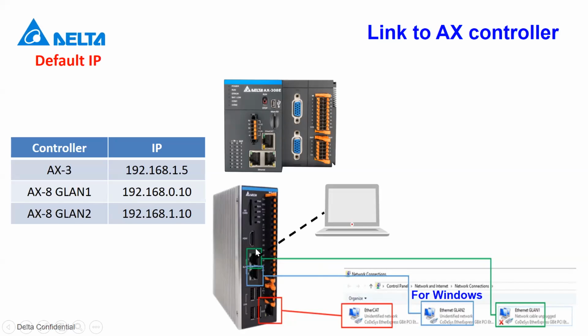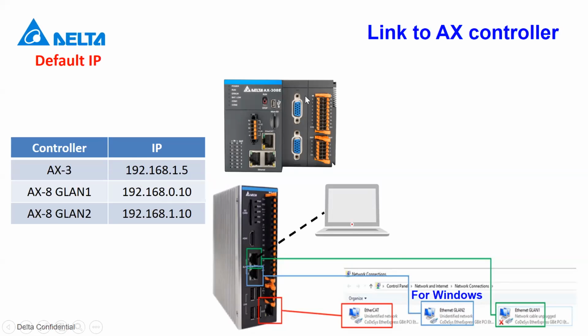If you use the Windows base, you can modify this from the network connection, or you can simply change the IP address from here. But if you use the Linux version, then you can modify this from the software.